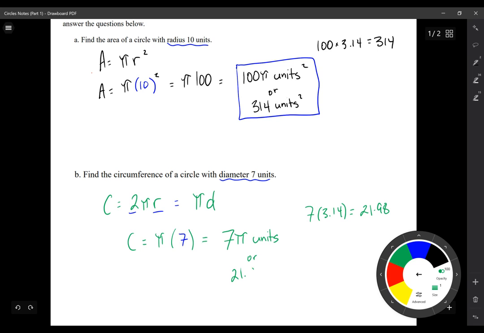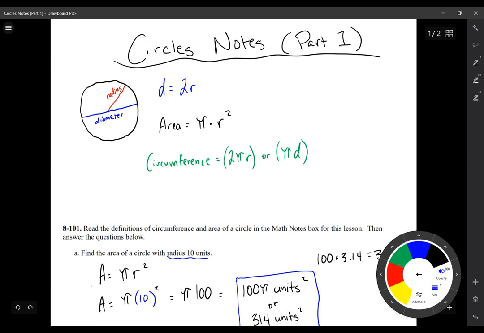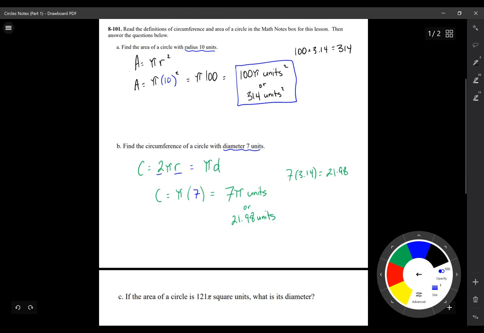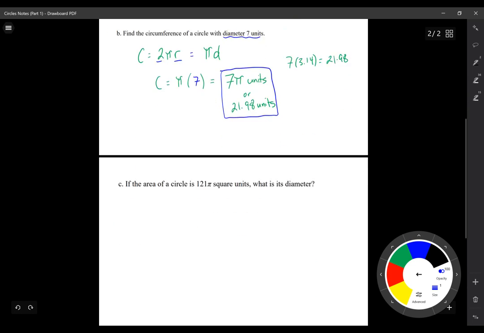So we could also write it as 21.98 units. And just so that you have it up here, our value for pi is about 3.14 because the value for pi does go on infinitely. So that is our answer for part B, another way to find our circumference.